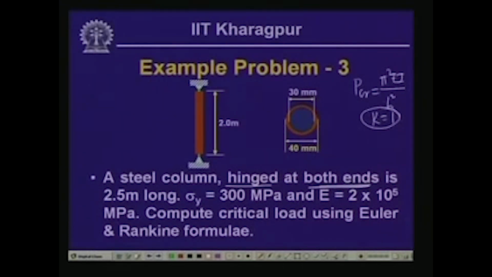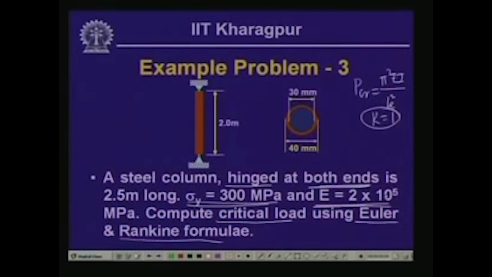Here you will have to compute the critical load using both Euler's and Rankine's formula. The yield stress is given as 300 megapascal, and the value of E is 2 into 10 to the power 5 megapascal.